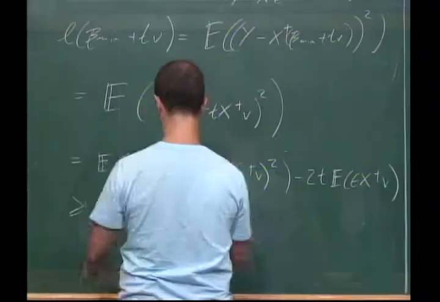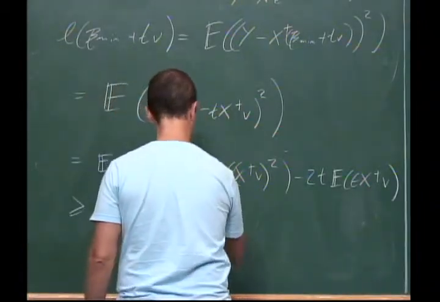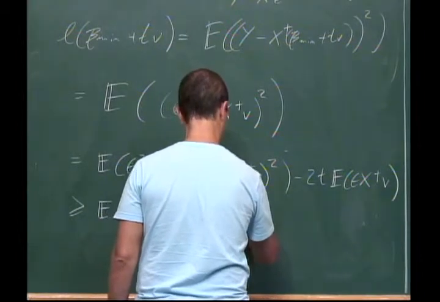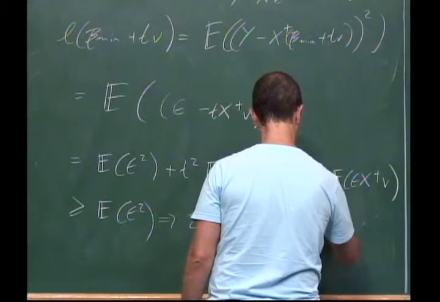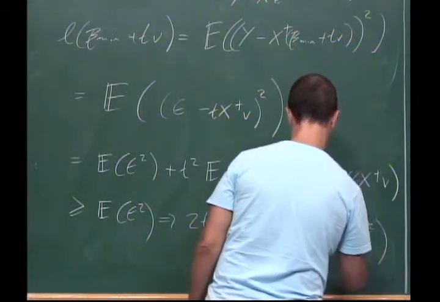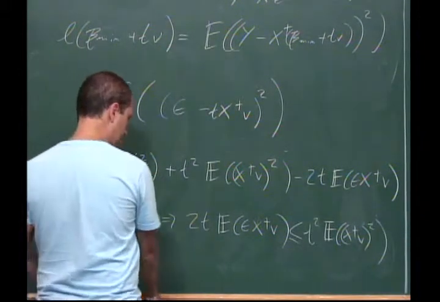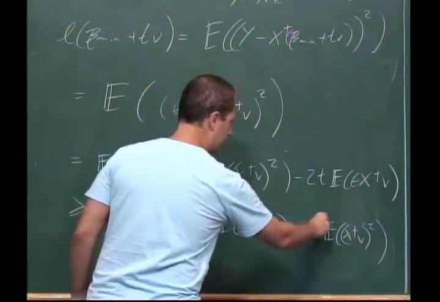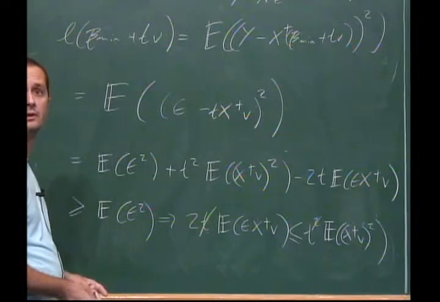So the main consequence we get out of this is we can move this to the other side, and these two are going to cancel. We get this: 2 times t times the expectation of epsilon x v is less than t squared times the expectation of x v squared. Since t is greater than 0, I can divide by t on both sides, and then I can send t to 0.